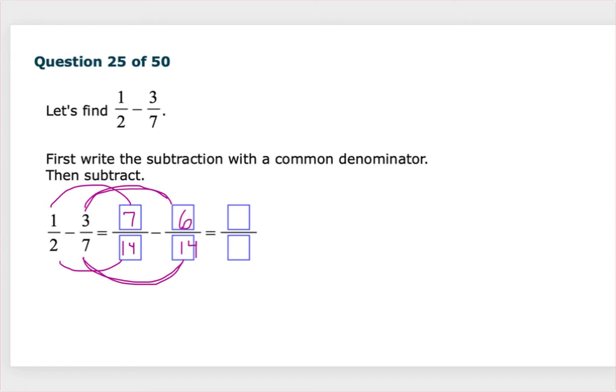I got too much going on around here, but that's okay. 7 take away 6 is 1/14.